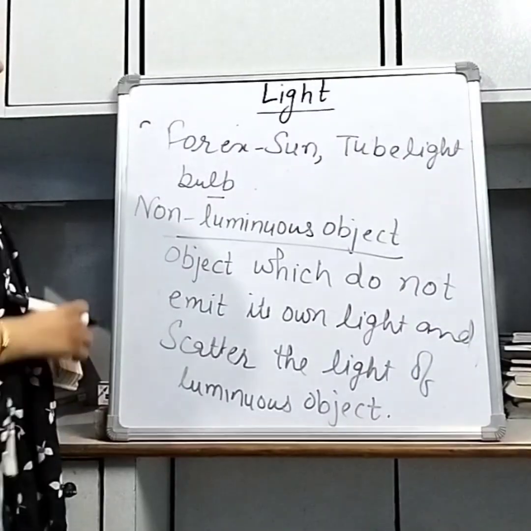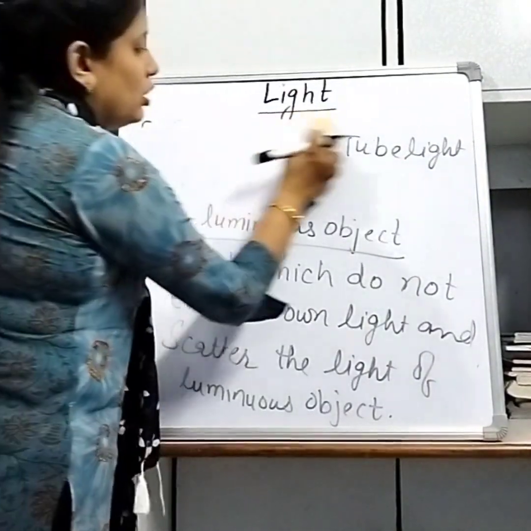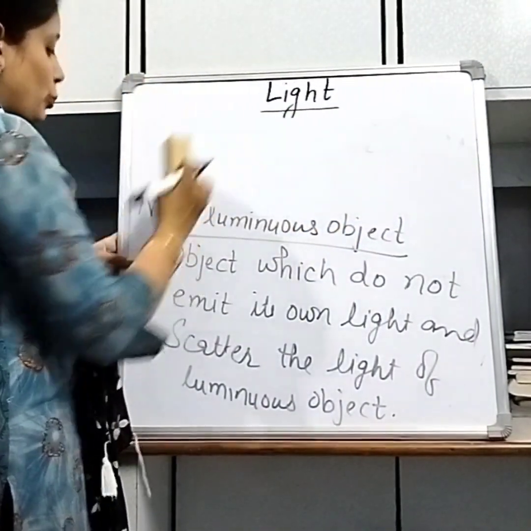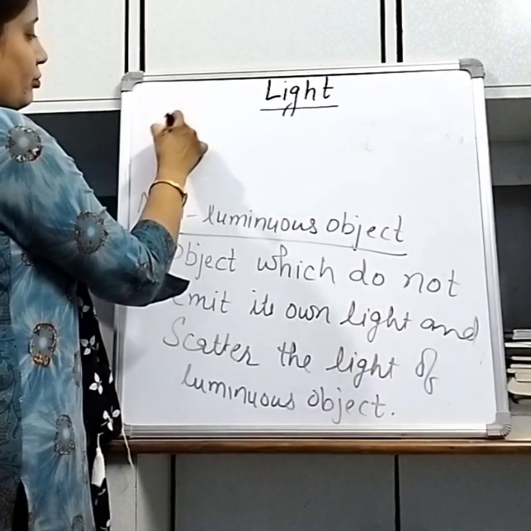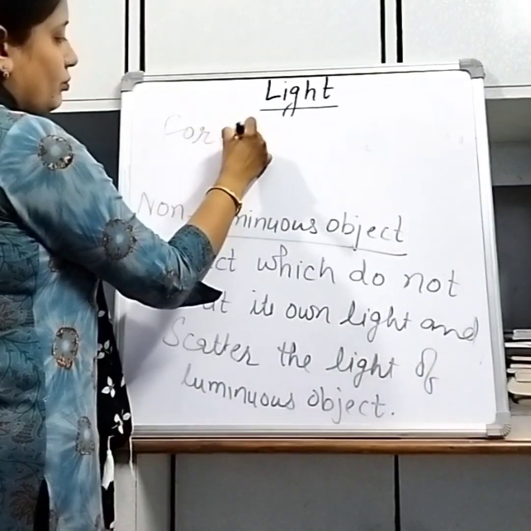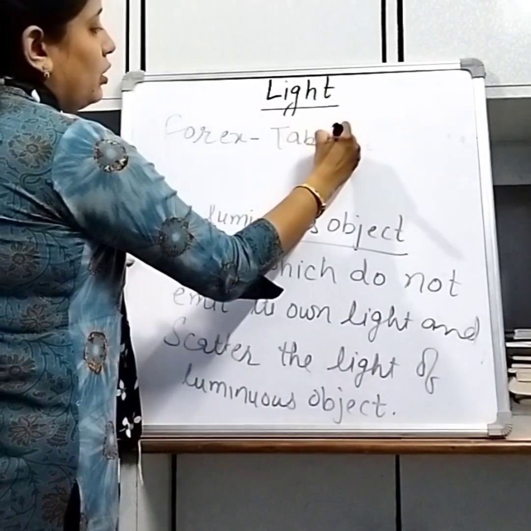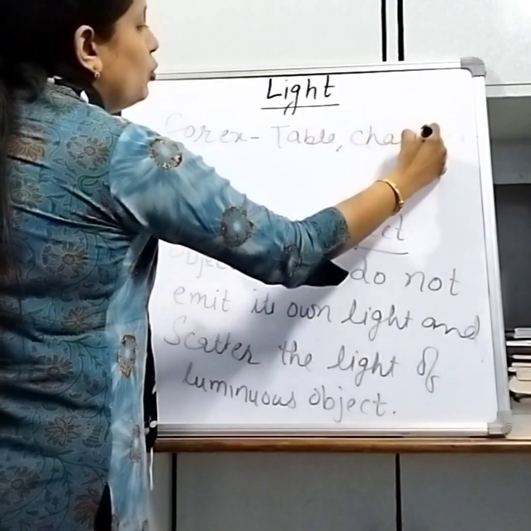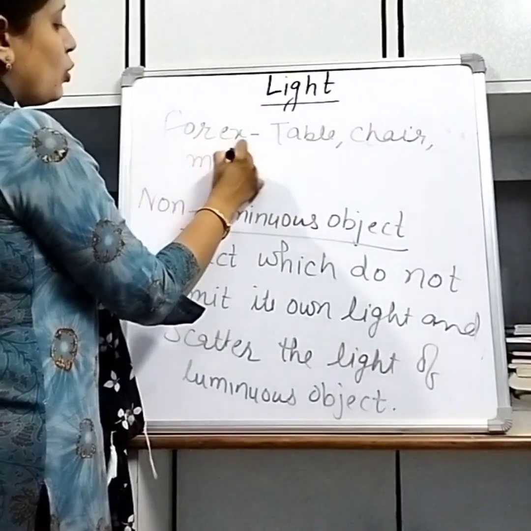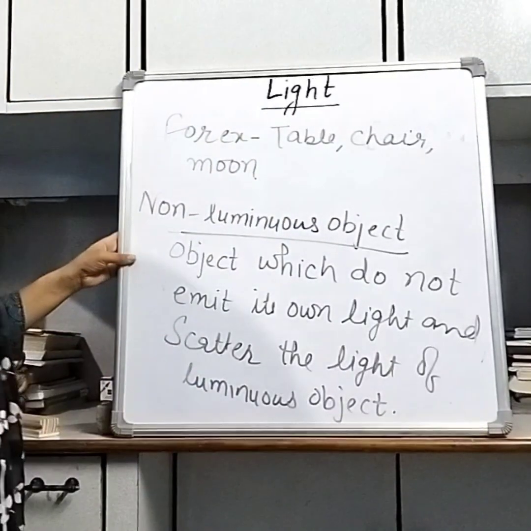For example, table, chair, they all are examples of non-luminous objects. The moon is also a non-luminous object because it also reflects the light of the sun.